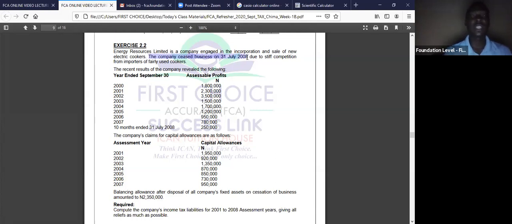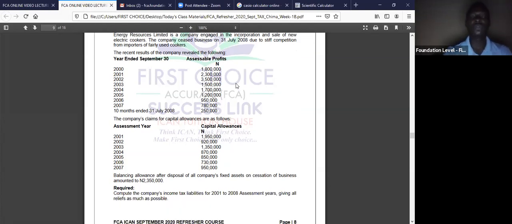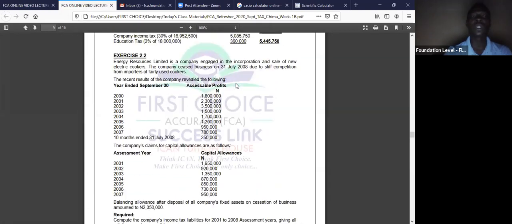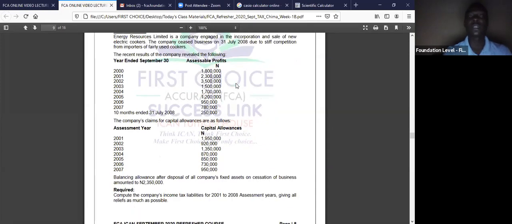I'm going to show you, then we'll enter the next topic, which is called loss relief. But let me just briefly highlight what happens when the capital allowances is reaching a cessation period.